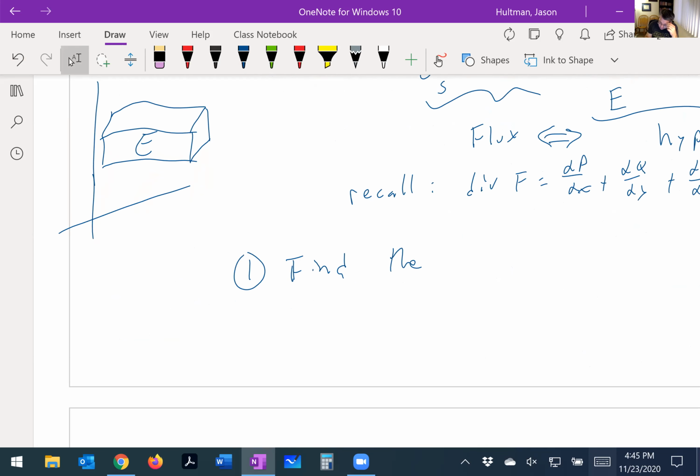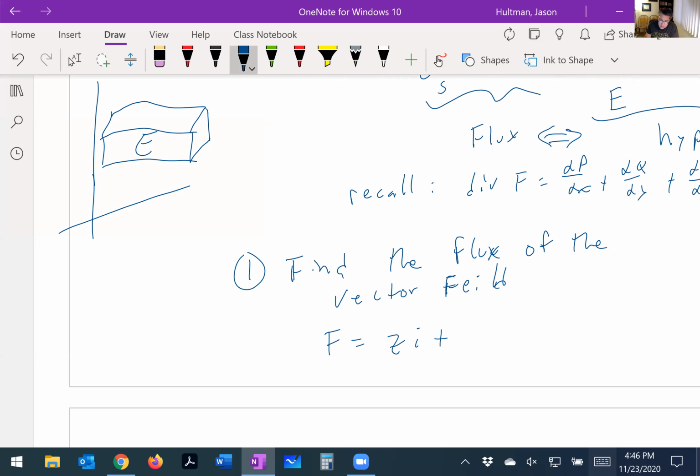Find the flux of the vector field F equals z i plus y j plus x k over x squared plus y squared plus z squared equals 1, the unit ball.